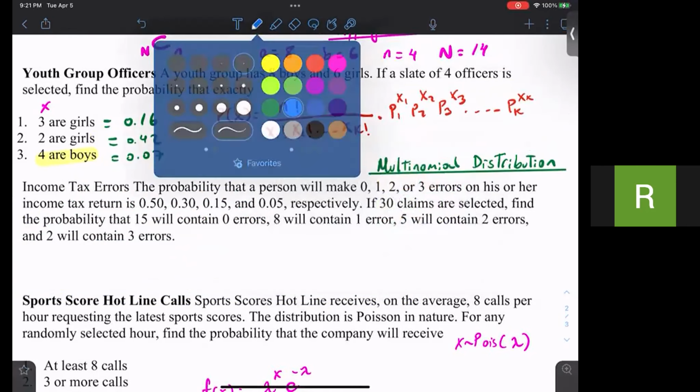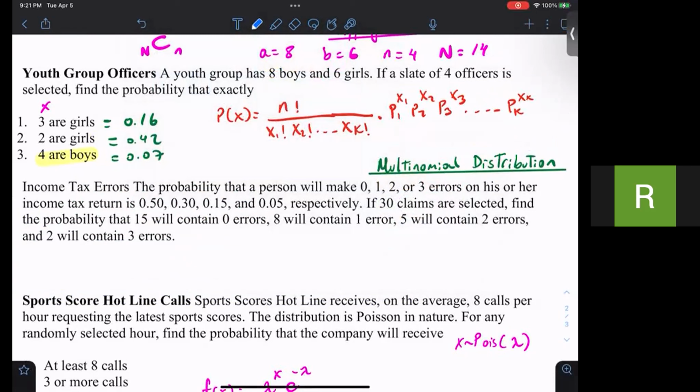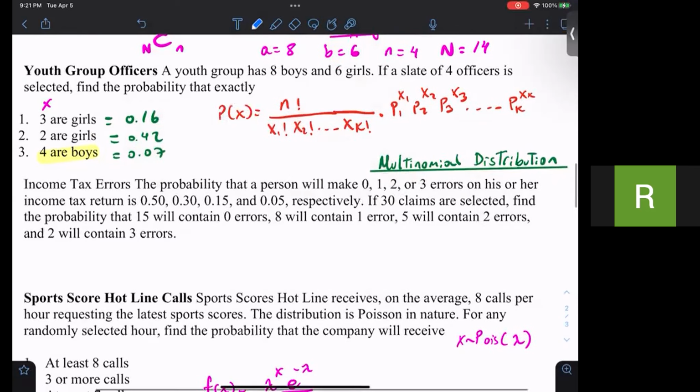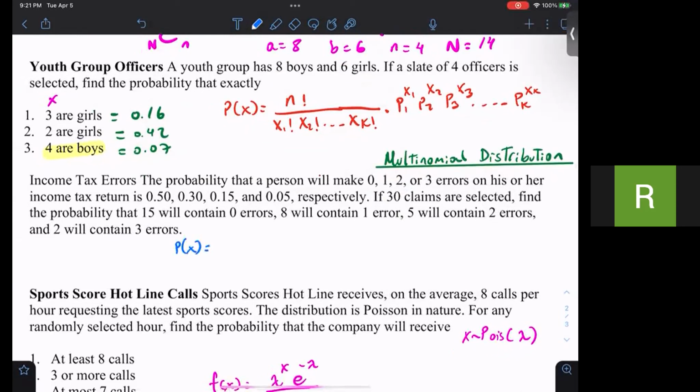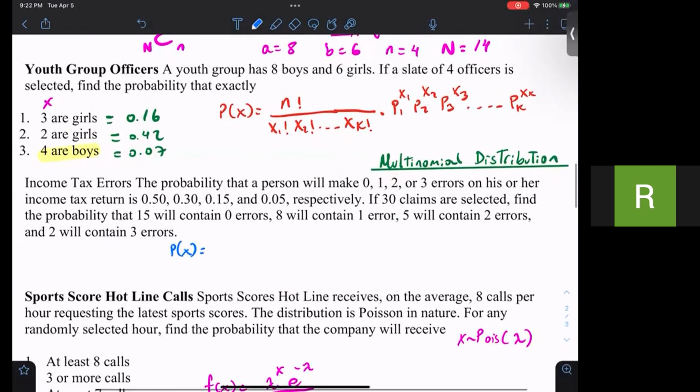The first question is asking me, if 30 claims are selected, find the probability that exactly 15 will contain 0 errors, 8 will contain 1 error, 5 will contain. So what I need to do is, with 30 claims, I have to do 30 factorial over 15 factorial, 8 factorial, 5 factorial, and 2 factorial.